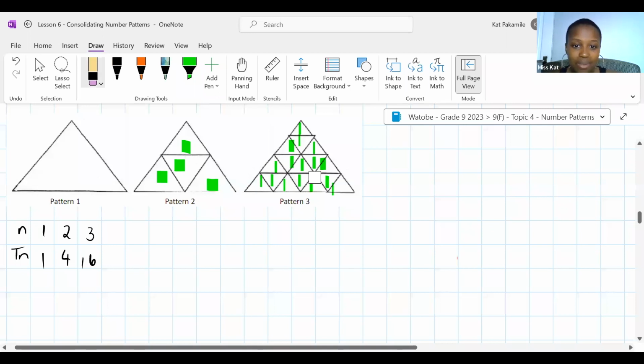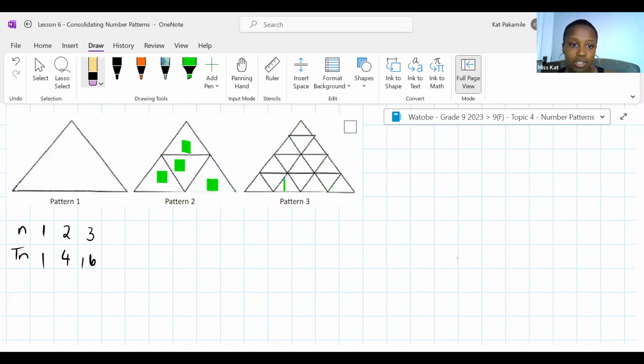Okay, guys, what is happening here? Remember, we're using observation, trying to see some sort of pattern. It's obviously not linear because to go from there to there, we're adding 3, and then we suddenly jump and we add 12. So it's not linear pattern at all.